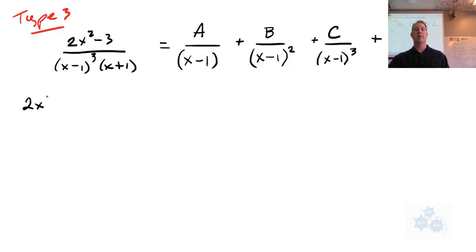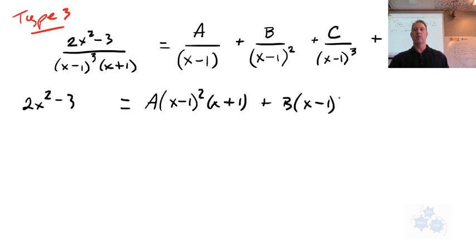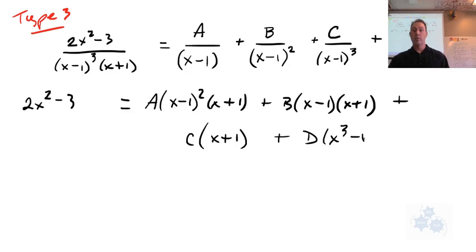All right, so let's multiply. We end up having 2x squared minus 3 over here. I'm going to have A times (x minus 1) squared times (x plus 1), and B times (x minus 1) times (x plus 1), then C and D times (x minus 1) cubed.